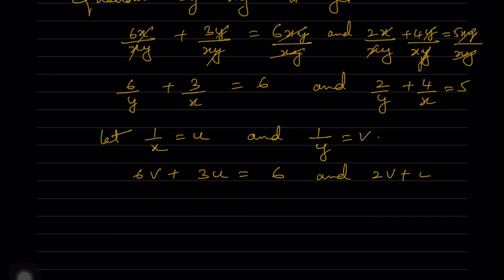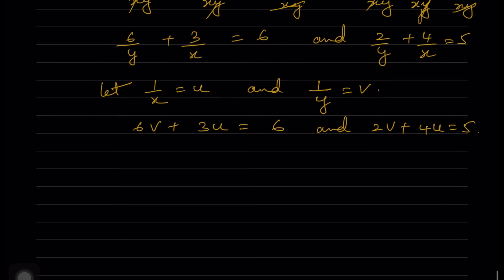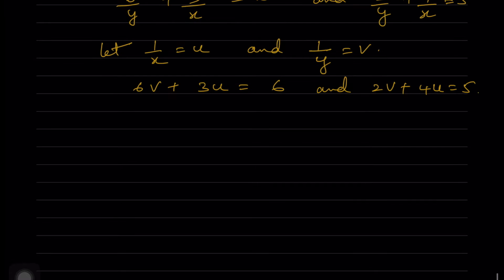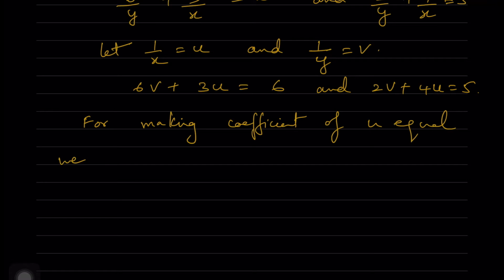So 6v plus 3u is equal to 6 and 2v plus 4u is equal to 5. Now here we can eliminate one of the variables. To make the coefficient of u equal in both of them, we multiply the first equation with 4 and the second equation with 3.